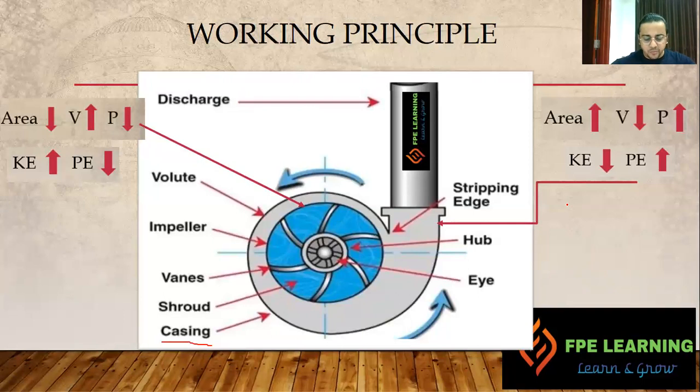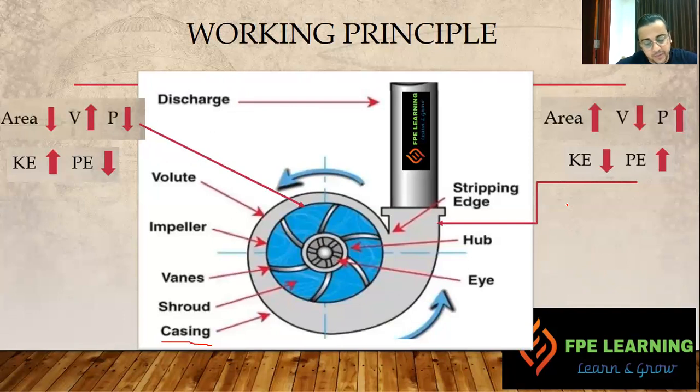Because of that, liquid is forced into the inlet side of the pump casing by atmospheric pressure or some upstream pressure, like if the tank is at some elevated height, we have some net positive suction head, right? The one we discussed in my previous videos regarding the pump head definition. I recommend you see that video also to understand the different concepts.